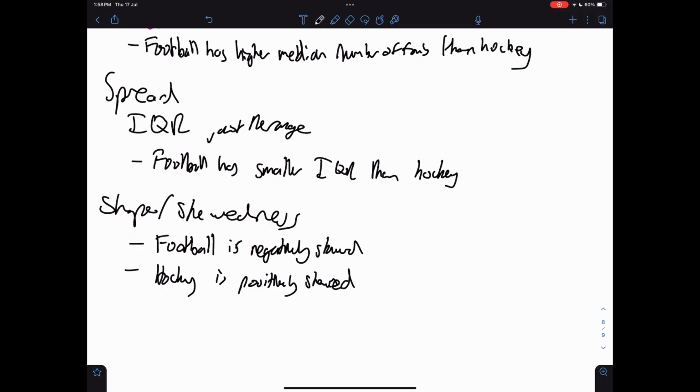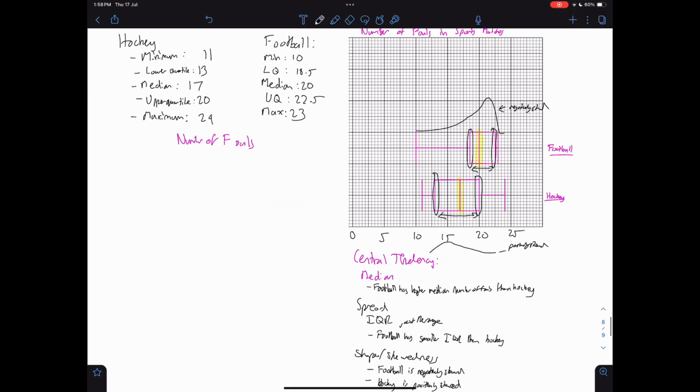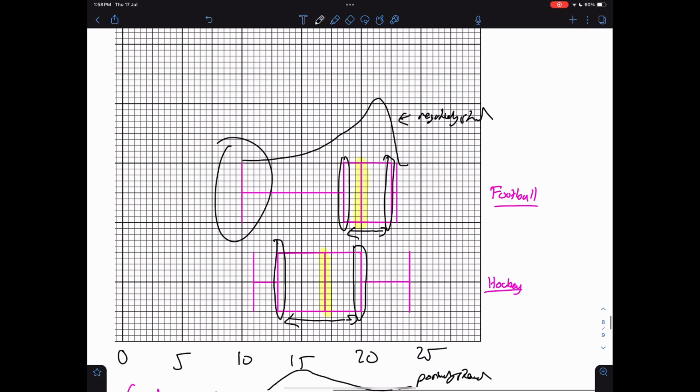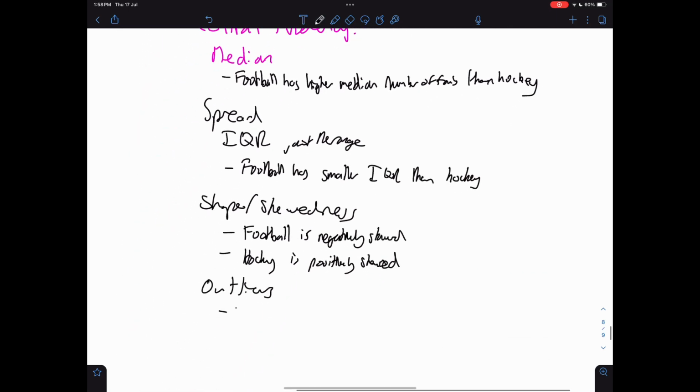And the other final thing is outliers. And you can see in football, you've got a major outlier here. That 10 is very low. And so, how do you determine outliers?